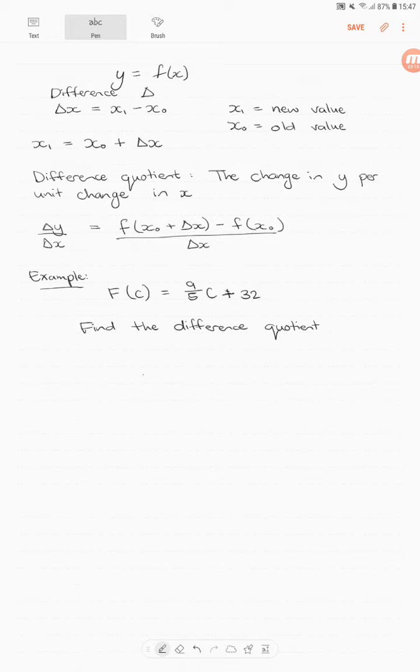So to find the difference quotient, we need to find the function at our original point. We get this by saying C naught, and we simply replace C with C naught. And we need to find some different new point, which would be C naught plus some change in C. Again, we replace C with C naught plus delta C.